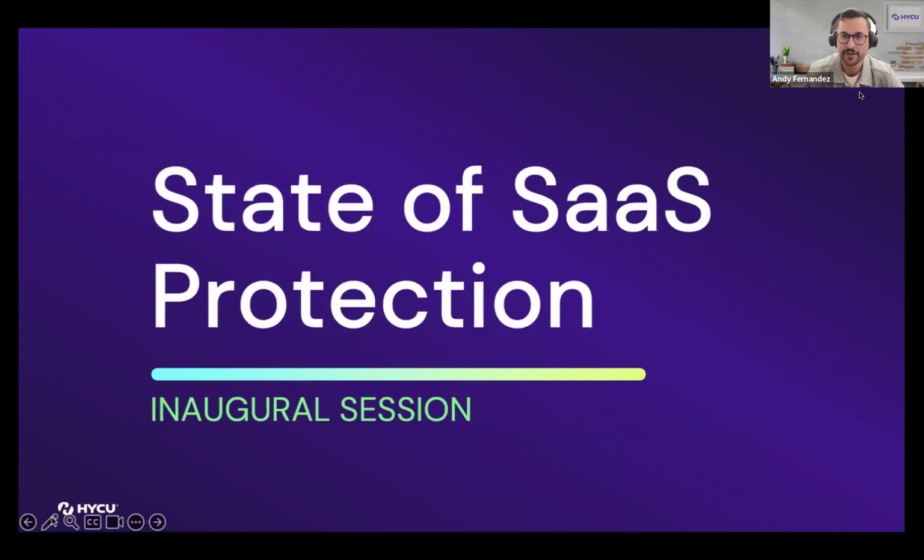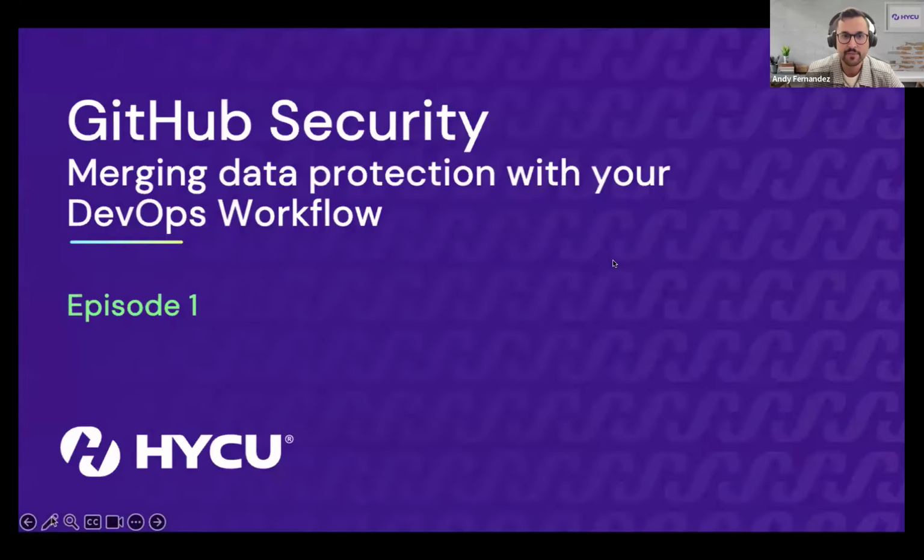So, the State of SaaS Protection. The first topic that we want to address this month, and this is going to be a monthly series, and we would love your input if there's any specific topic, any aspect of our platform that you're looking for, whether you are a Nutanix customer, VMware, AWS, Google Cloud, or any of our SaaS applications. Please let us know what you're interested in, whether it's a specific topic or best practices, we will accommodate and make sure that we can drive the use cases that matter to you.